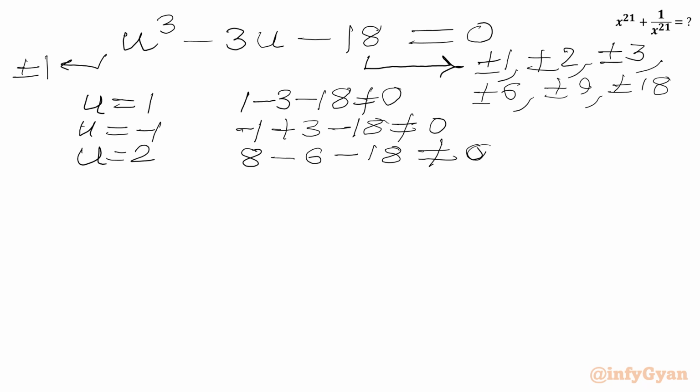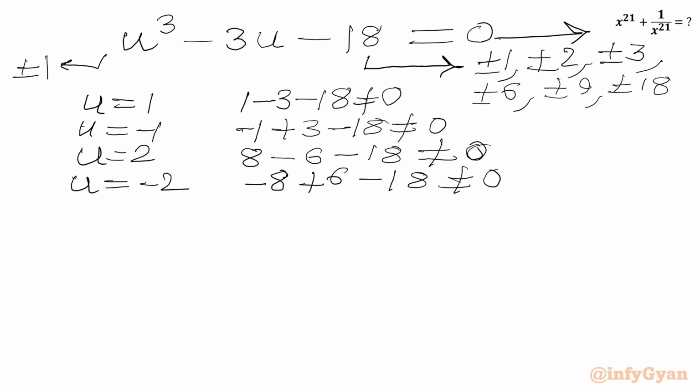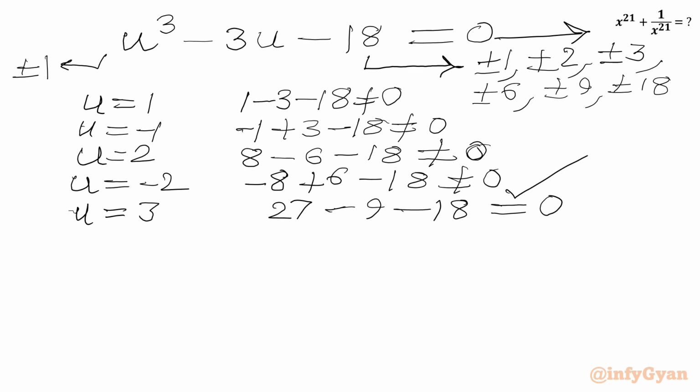Now u equal to negative 2: minus 8 plus 6 minus 18, again it is not satisfying the equation. Now we will plug in u equal to 3. So 3 cube is 27 minus 3 times 3 is 9 minus 18. Yes, this time it is satisfying our equation. We will say u equal to 3 is our base solution.